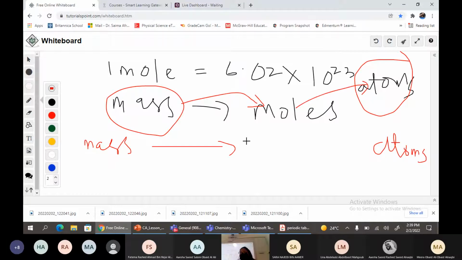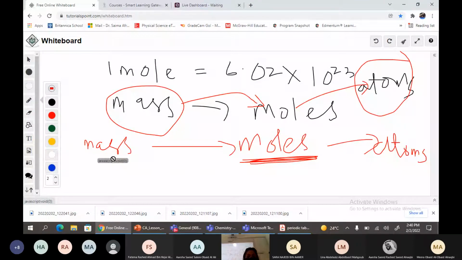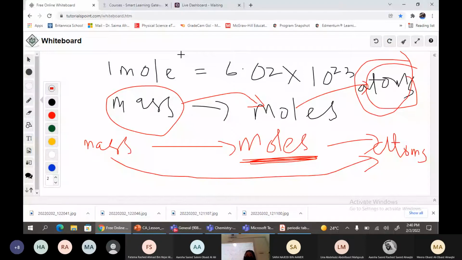You make a stop for that. Moles is actually your stop. This is your middle person. The helping person here is moles. So we cannot directly go from mass to atoms, not possible. Because we said 1 mole is equal to this much atoms.